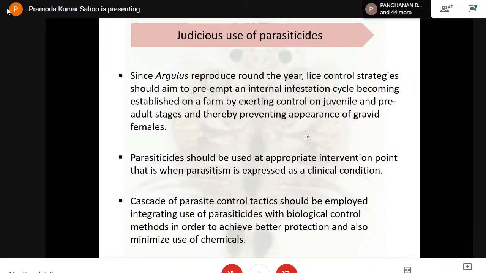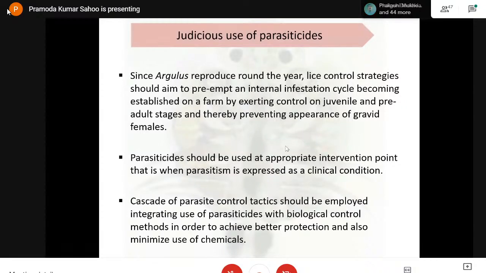Again after a few days the infection will come up. Again we will blame the doctor, saying he has not properly prescribed the drug. So you have to understand the biology of the parasite. Accordingly, you have to go for the management strategy by using different drugs.